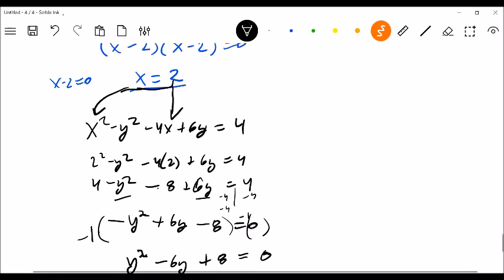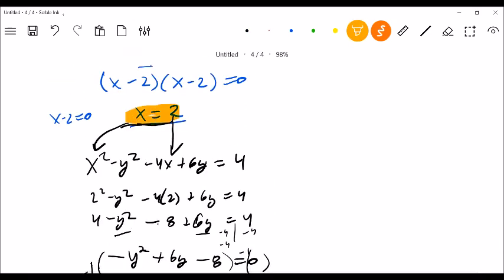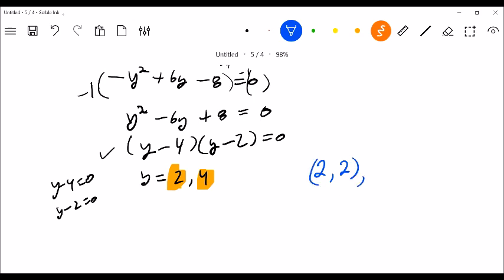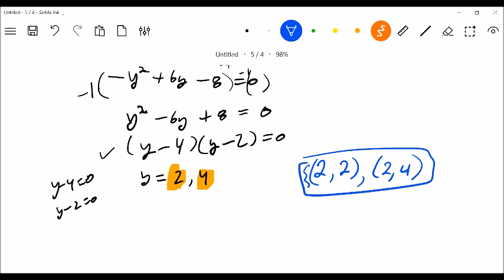Those go with this x. We had x is 2, and now we have 2 y's. So what we have as an answer is (2, 2) and (2, 4).